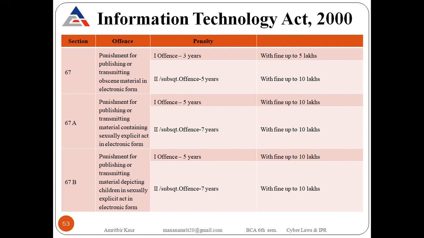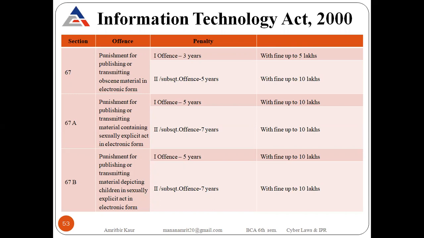The next section is section number 67A, punishment for publishing and transmitting material containing sexually explicit acts in electronic form. There can also be 2 penalties. First is 5-year imprisonment with fine up to 10 lakh, and second is 7-year imprisonment with fine up to 10 lakh.